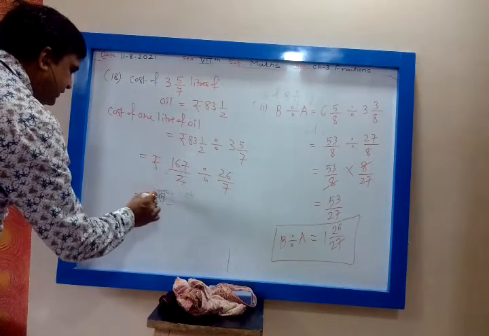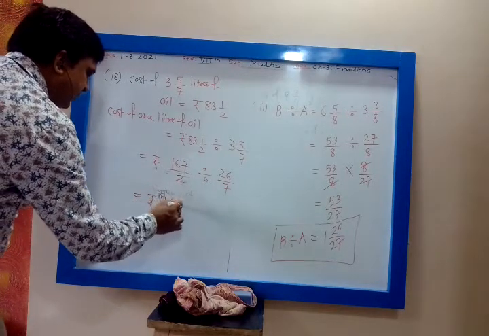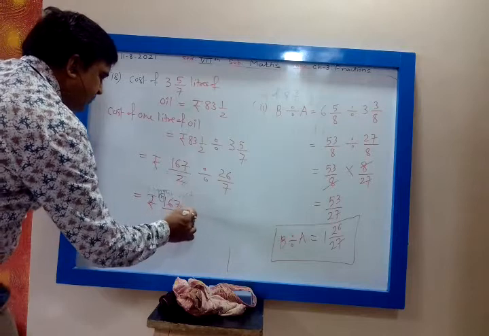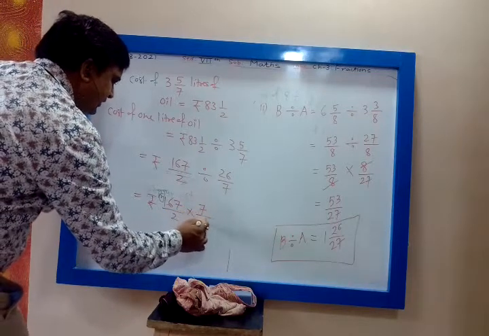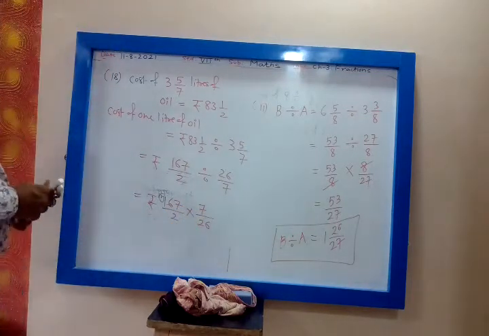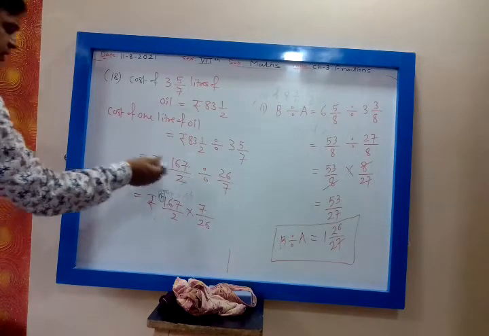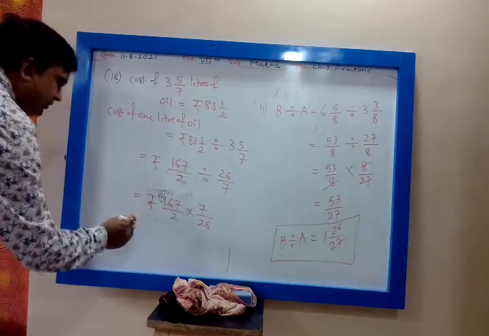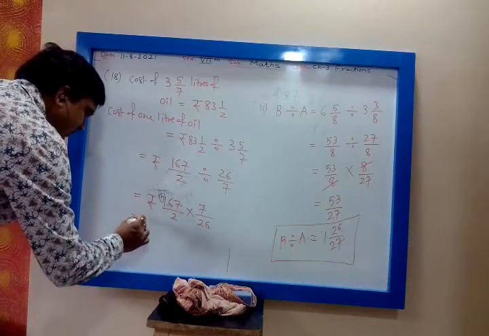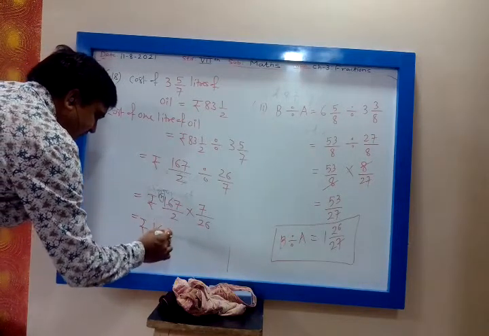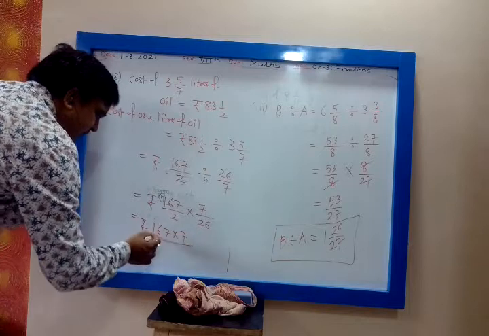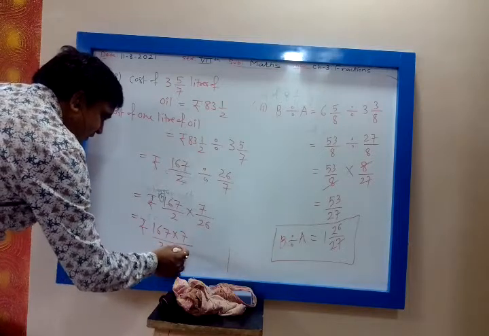So this is 167/2 multiplied by 7/26. Anything get cancelled? No. So multiply: 167 into 7 upon 2 into 26.